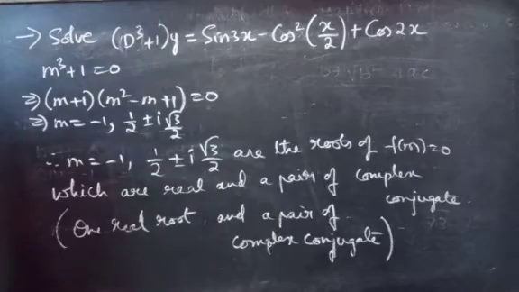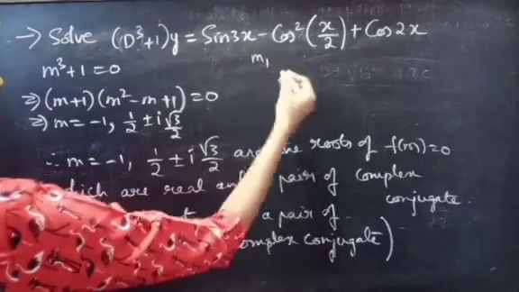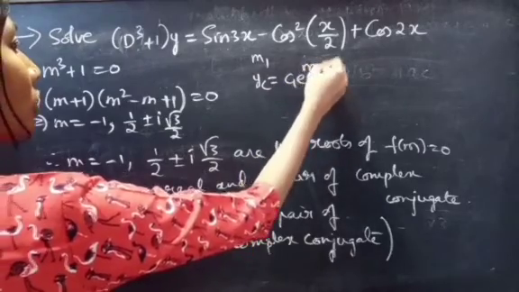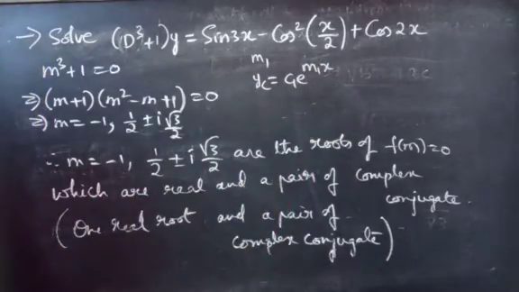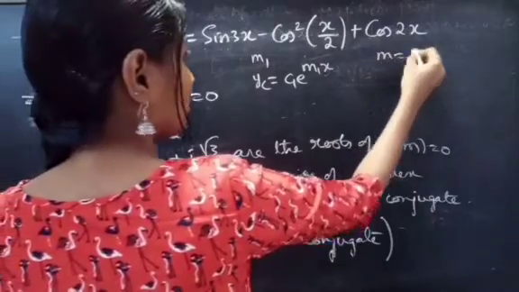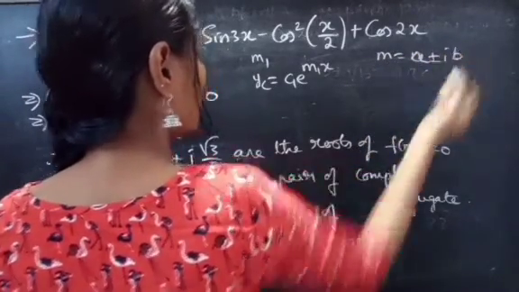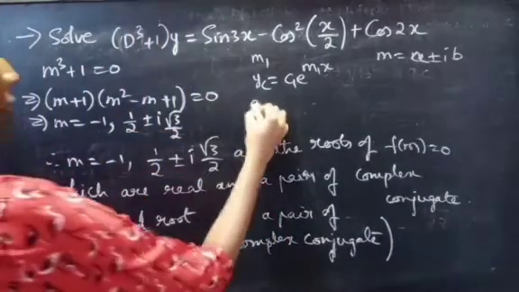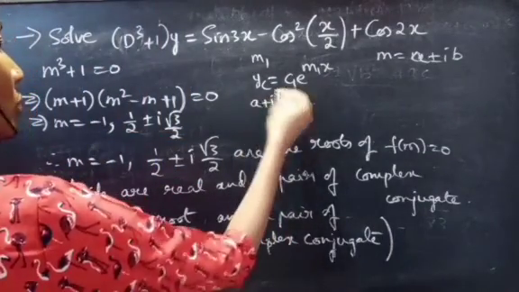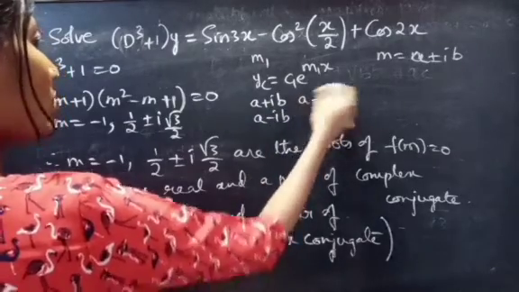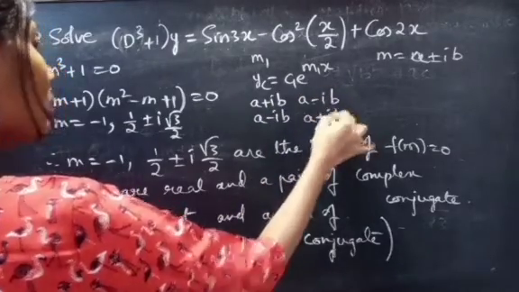We know that if we have one real root, then yc will be one constant into e power that real root into x. If we have complex conjugate roots, if a plus ib is a complex number, its conjugate will be a minus ib. If a minus ib is a complex number, then its conjugate will be a plus ib, right?